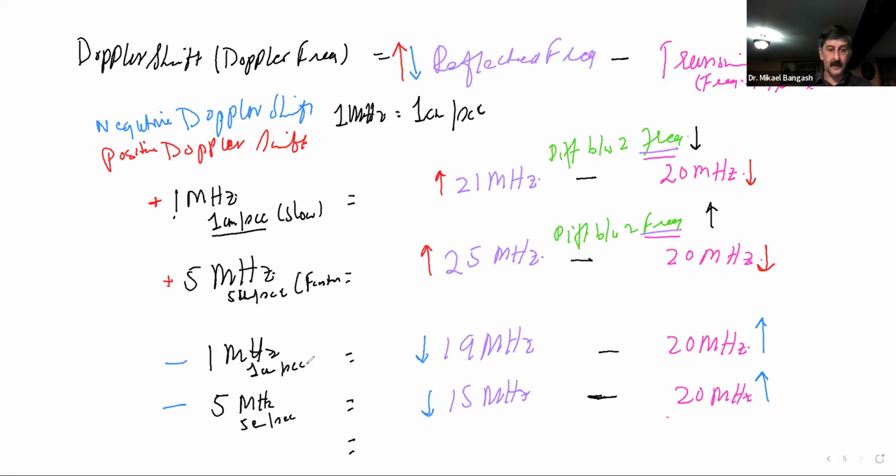The same applies here. Here it is going to be slower. Why? Because the difference between 19 and 20 was just 1 megahertz. Whereas here, it's going to be moving faster. Why? Because the difference between 15 and 20 was greater.